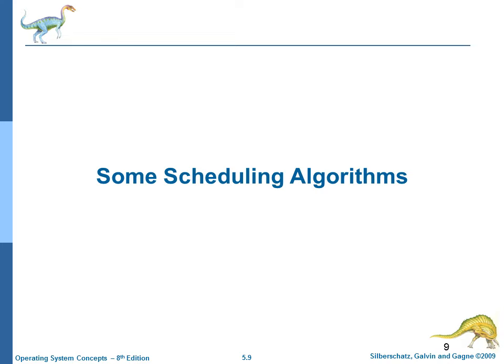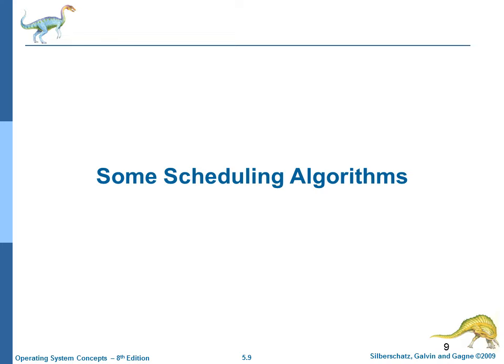Now we are going to discuss some scheduling algorithms. We have a number of subsections in which we will explain several common scheduling strategies, looking at only a single CPU burst each for a small number of processes.